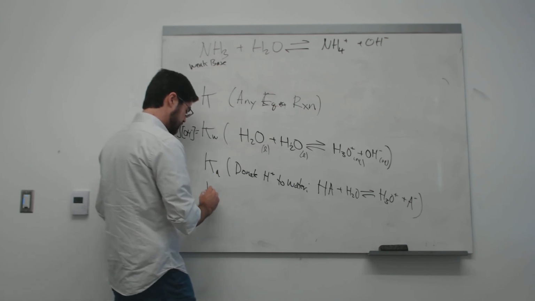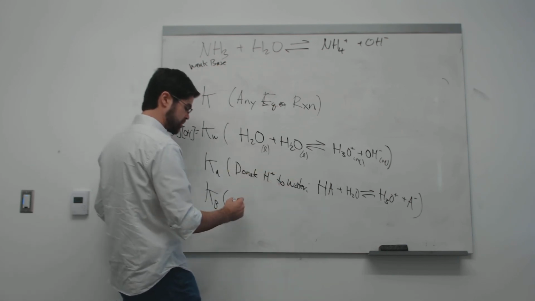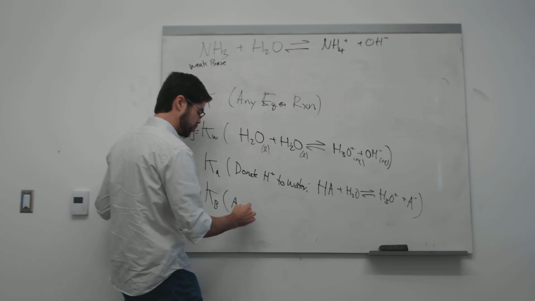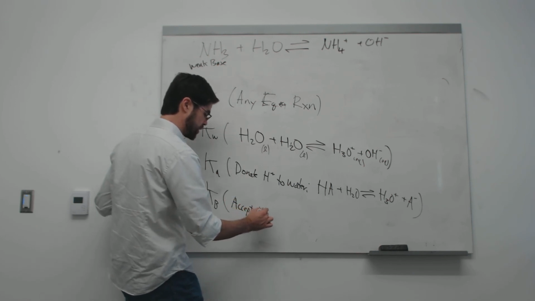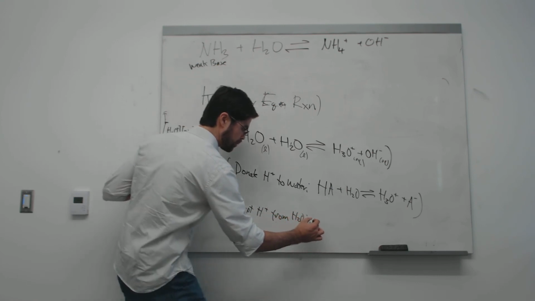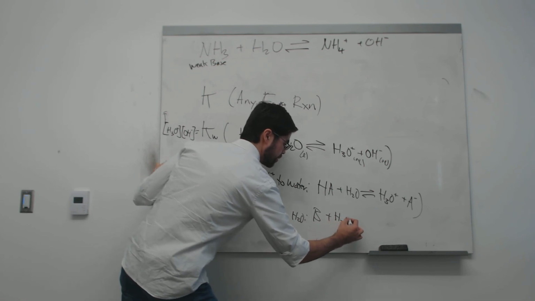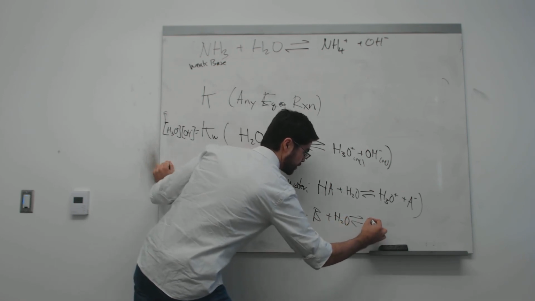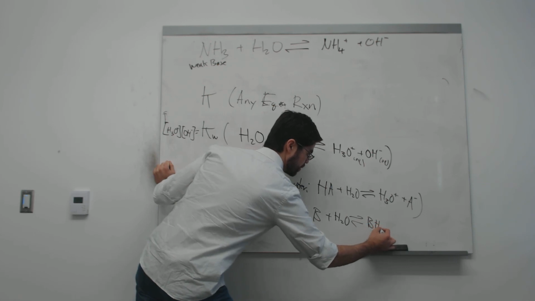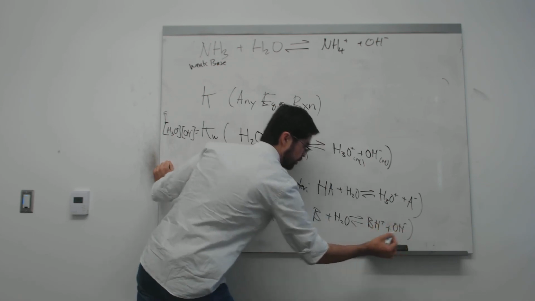Kb is similar. It is also describing another equilibrium reaction, but it's specifically one where you accept or take a proton from water. So I might have some base reacting with water and giving me BH+ and OH-.